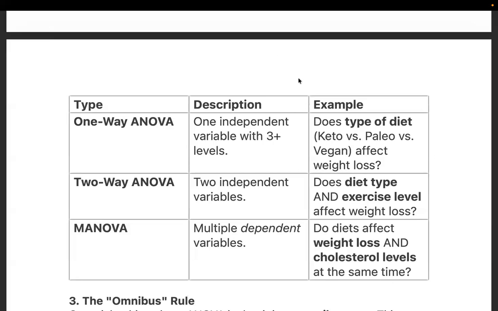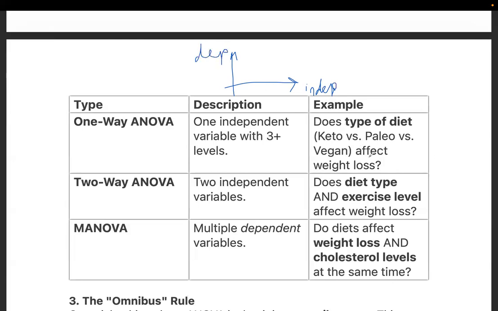Say you have X and Y variables. The independent variable is on X, and the dependent variable is on Y.